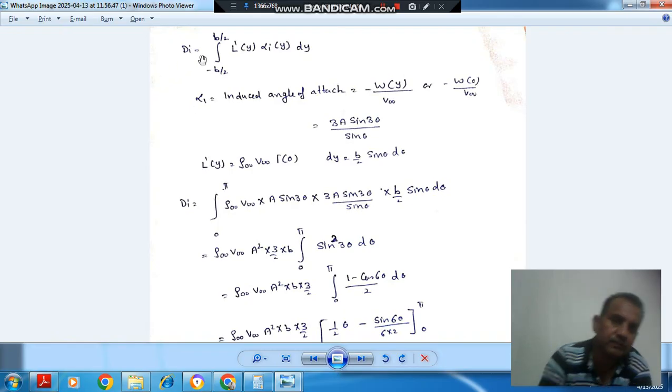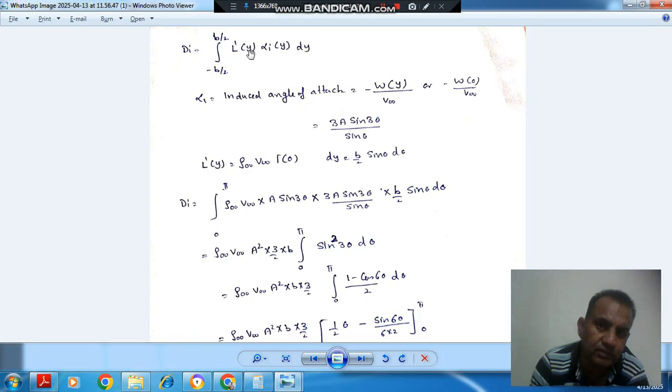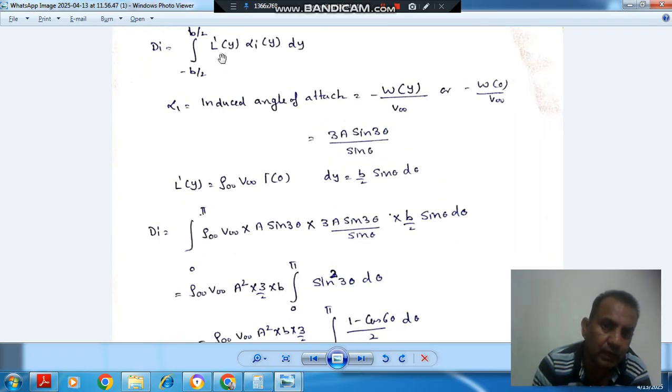And now to calculate induced drag, we take Di. The induced drag formula is Di = the integration of L' αi dy within limits -b/2 to +b/2. Here αi is your induced angle of attack.